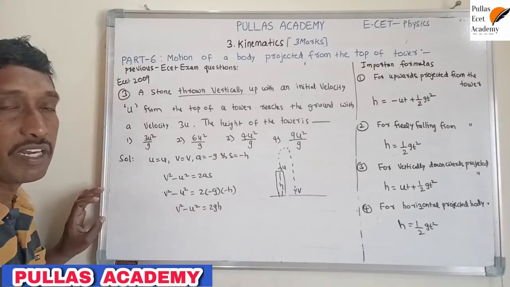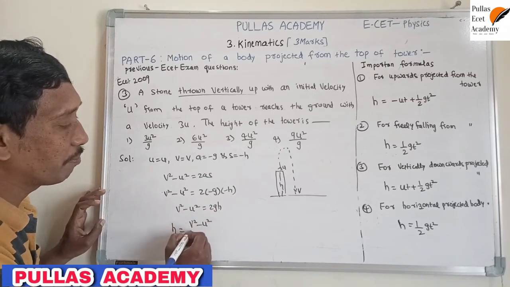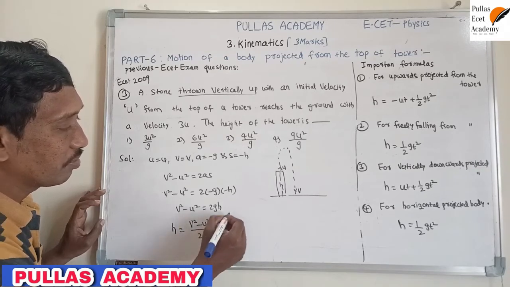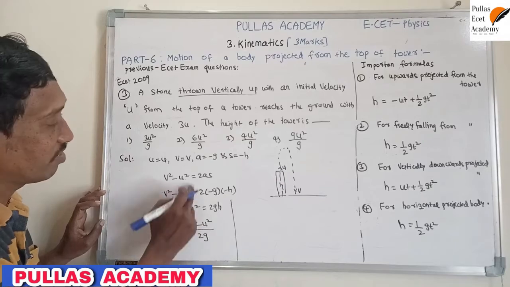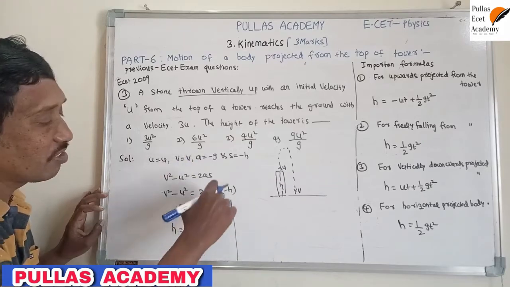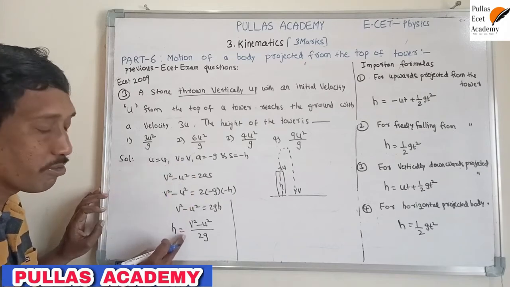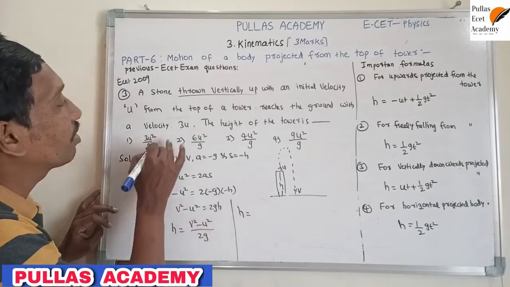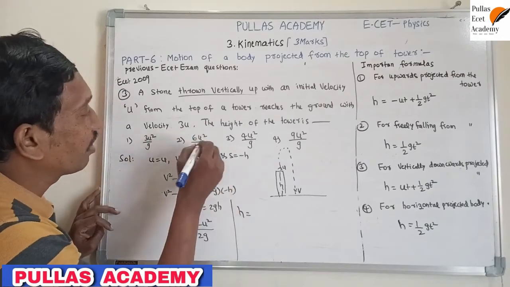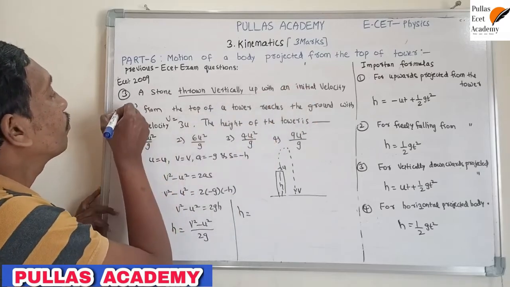Here h is asked, remaining all are given. h is equal to v square minus u square by 2g. This is the formula for the height of the tower in terms of initial and final velocity. There is no need to write this derivation, it is just for your understanding. If you know this formula, you can substitute directly. Here v is equal to 3u, u is equal to u.